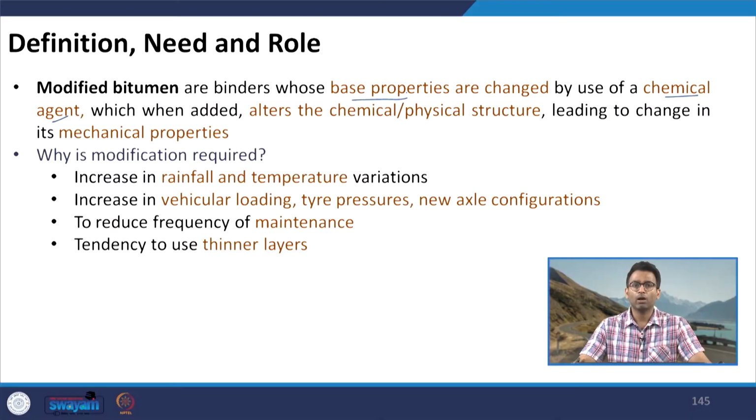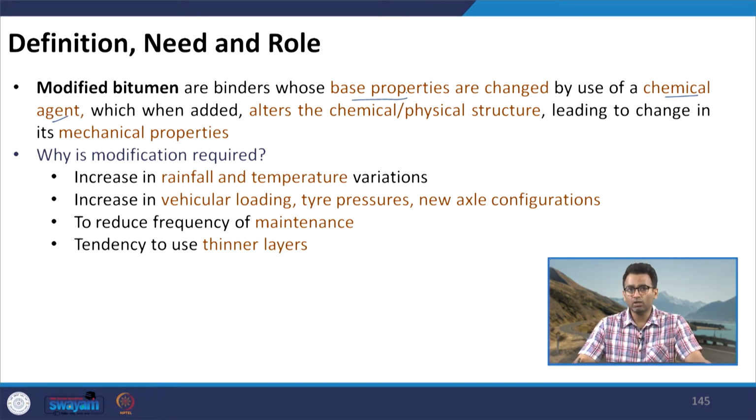Let us say new axle configurations have come, because of which the stresses from vehicular loading have increased, or probably there is a need to reduce maintenance activity to save cost, or there can be a tendency of the designer to use thinner layers, which may not perform well when made using conventional bitumen. So, in all these cases modification of bitumen is required.